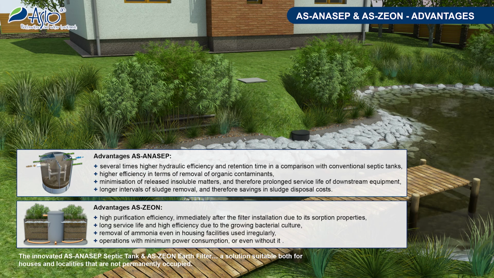AS-ZEON has high purification efficiency immediately after the filter installation due to its sorption properties, long service life and high efficiency due to the growing bacterial culture, removal of ammonia even in housing facilities used irregularly, and operations with minimum power consumption, or even without it.